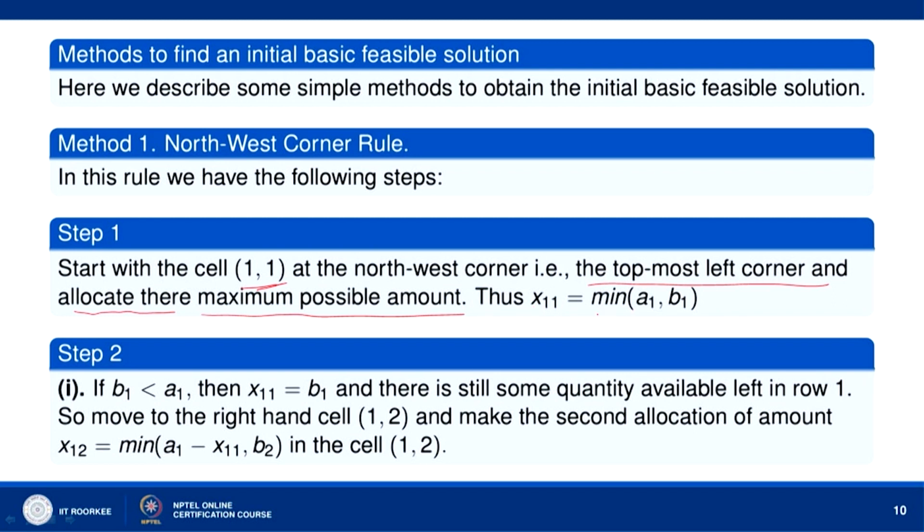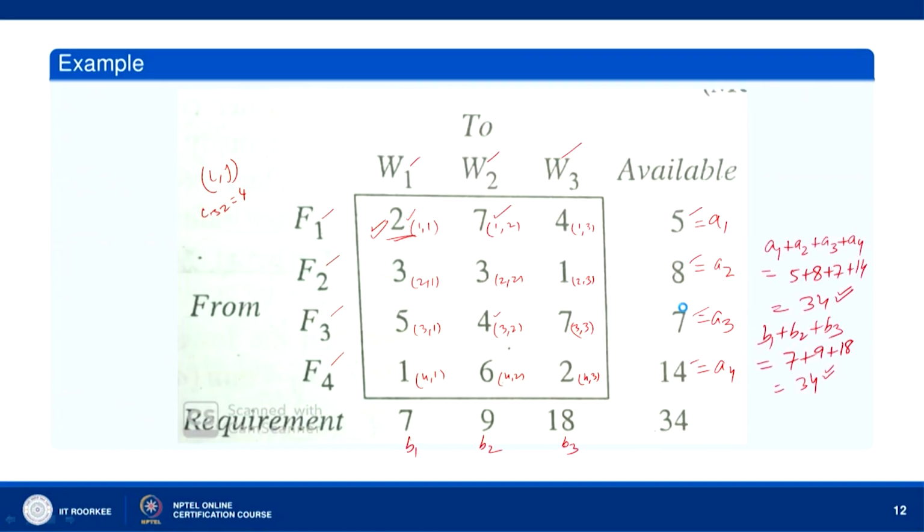X11 should be equal to the minimum of A1 and B1. Why should it be the minimum of A1 and B1? You see, this is A1, and this is B1. At the warehouse W1 we need 7 units of the product, but at the source F1 only 5 units are available for shipment.